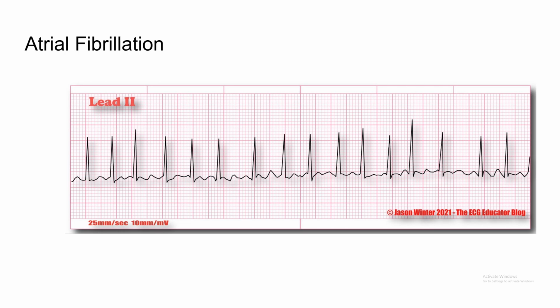AFib can also be caused by different micro reentry circuits, which are located in the upper left atria near where the pulmonary vein connects to the left atria. And just like the foci, there would be a bunch of these little reentry circuits firing off very, very rapidly, causing the atria to quiver, and the same issues to be caused just like the foci caused. And the creation of these foci and reentry circuits is typically the result of a concept called atrial remodeling.